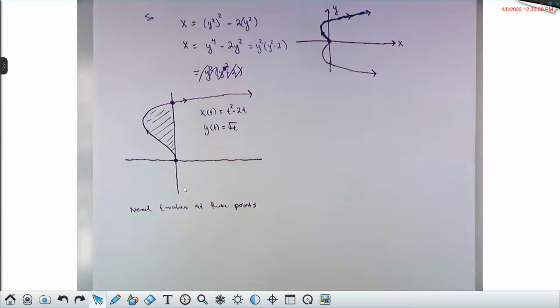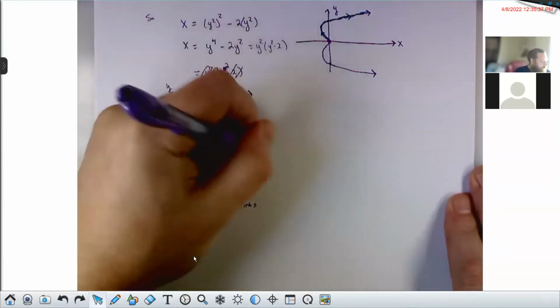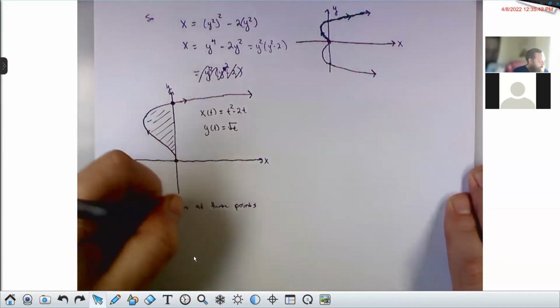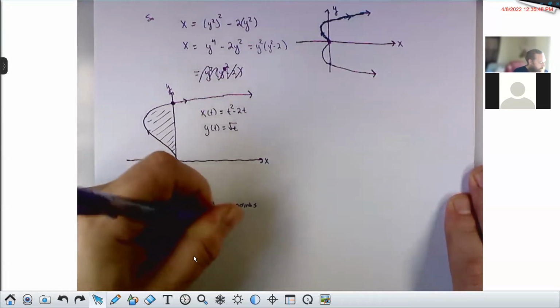Excellent. We're along the y-axis here, which means x is equal to 0. This is the y-axis, this is the x-axis. So we need to solve x equals 0, which means t squared minus 2t is 0.